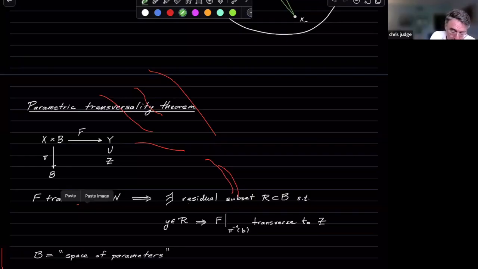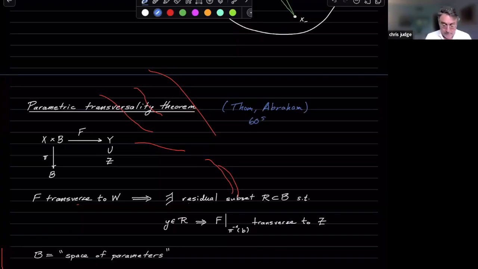I take the Cartesian product of those two spaces, and I have the image space Y. And the basic theorem, the parametric transversality theorem, Uhlenbeck gives a reference to Thom, and it makes sense. There's also Ralph Abraham. It was a long time ago, like the 60s or something.